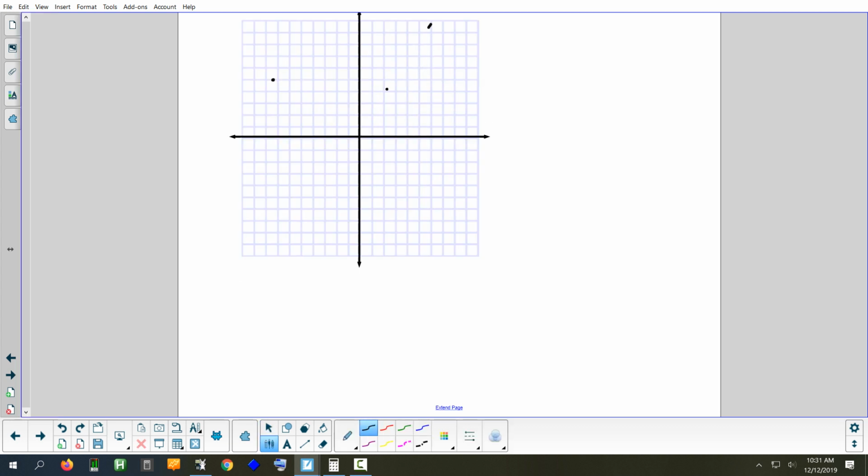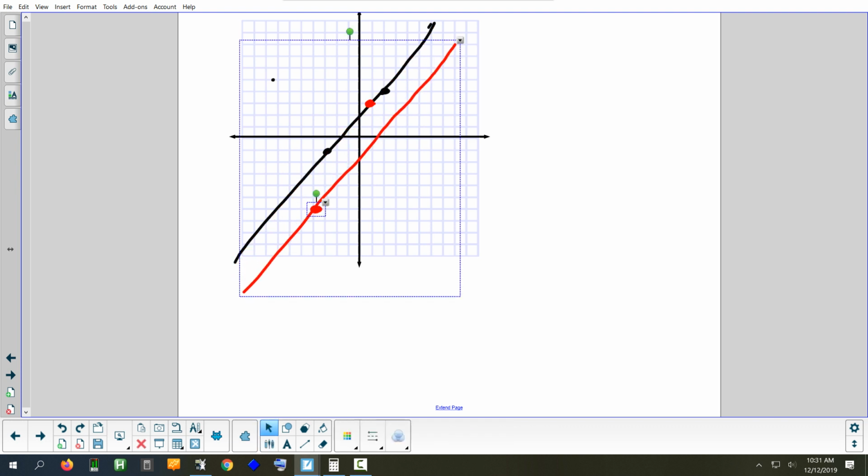Let's say you put 2 dots here and here, draw your line, and then you put 2 other dots and you get one here, and draw your line. Would those be parallel? No, because they ended up right on top of each other. Your hope is when you make the dots, they end up in different spots, one above and below the other.